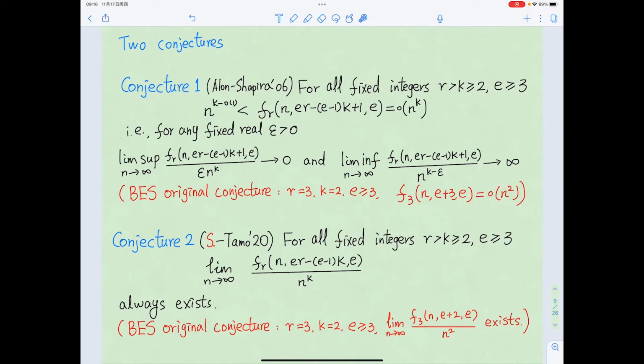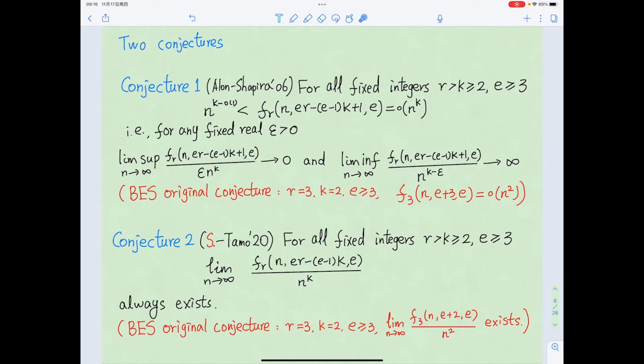So this is the original conjecture. To the best of my knowledge, the current form of conjecture 1 first appears in a paper of Erdős and Sós.